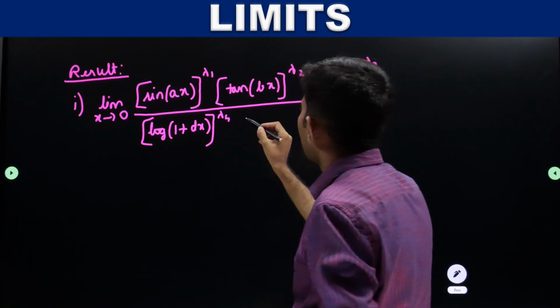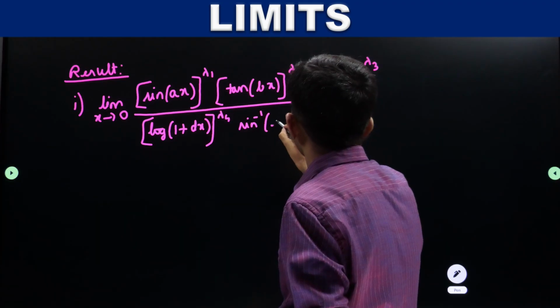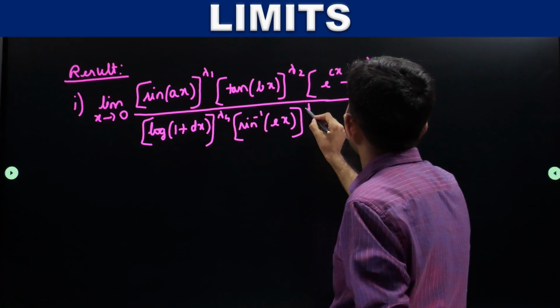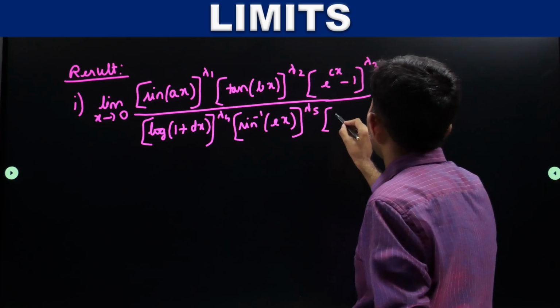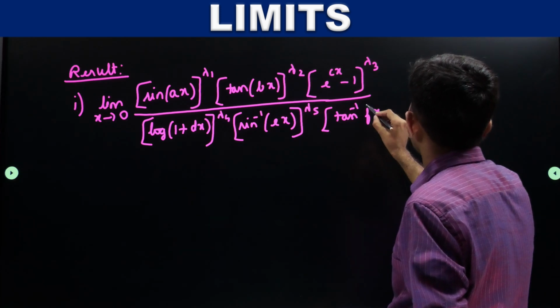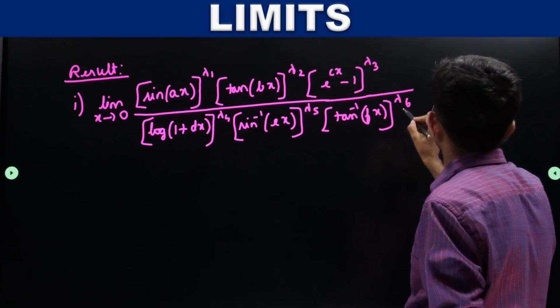And next I'll consider (sin inverse of ex) to the power lambda 5 into (tan inverse of fx) to the power lambda 6.